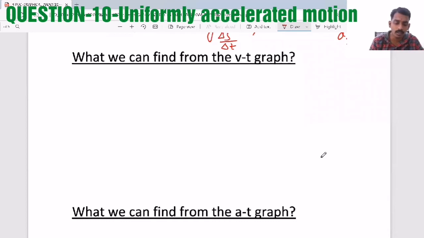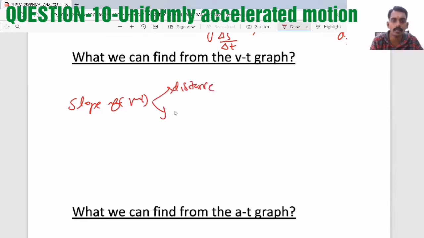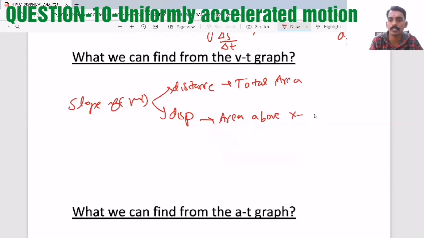But in the case of the VT graph, there are two things you can find. The area below the VT graph gives either distance or displacement. Distance means total area, positive and negative. Displacement means area above the x-axis minus area below the x-axis.